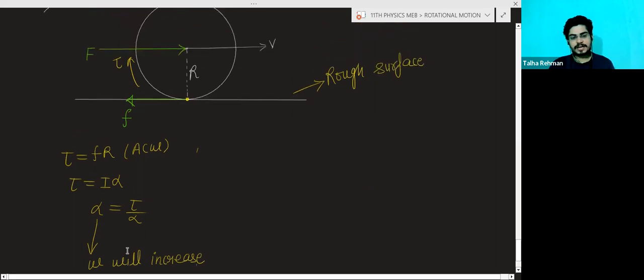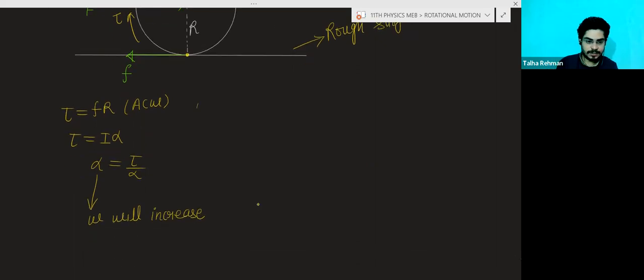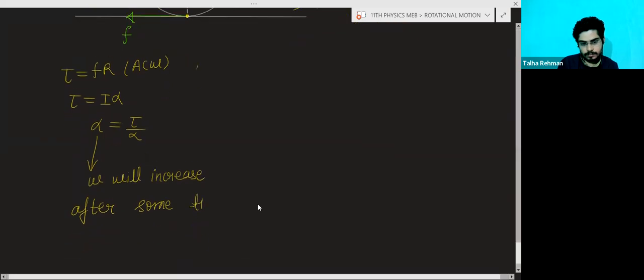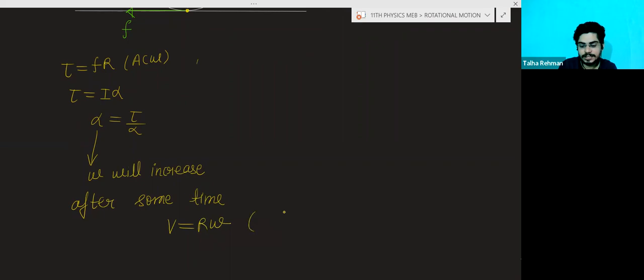So after some time, what will happen? The angular velocity will increase to such a level that the velocity v at the point of contact will become equal to r omega, and this is the condition of pure rolling.